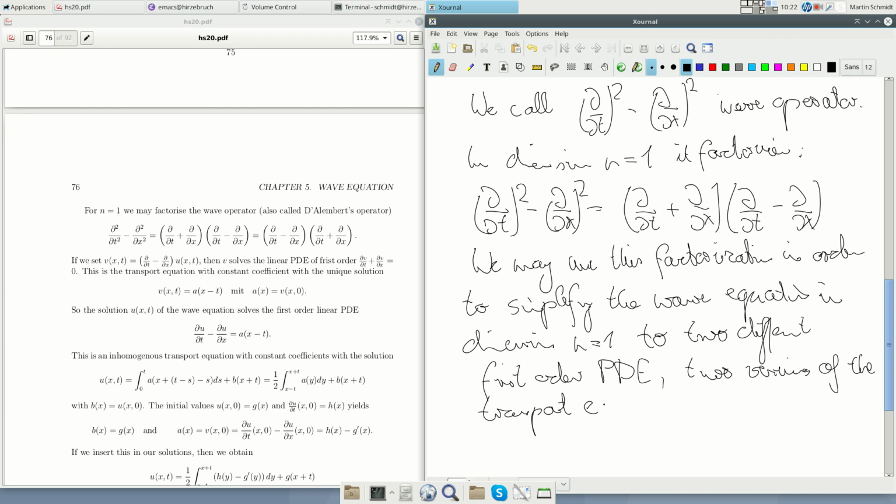So we may solve this equation by this method. This gives a solution.